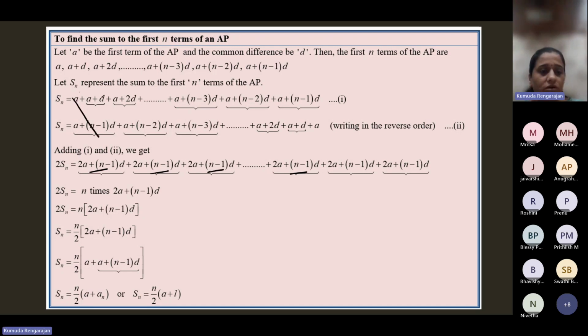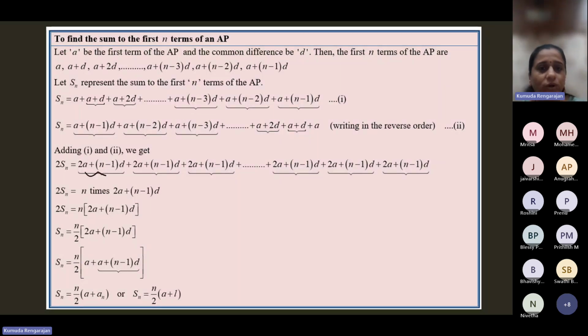So 1, 2, 3, 4, 5, 6. Okay. So 2a plus n minus 1 into d, 2a plus n minus 1 into d, like that it goes on. Now, how many terms have we taken? We have taken n terms, the first n terms, like 10 terms, 20 terms, 30 terms, n terms.